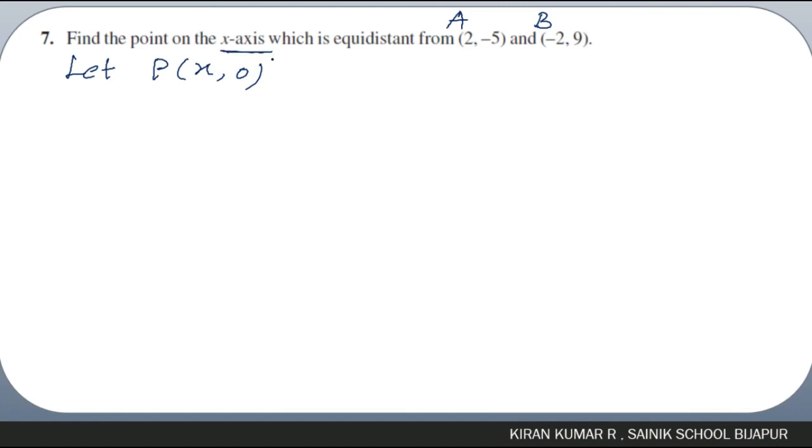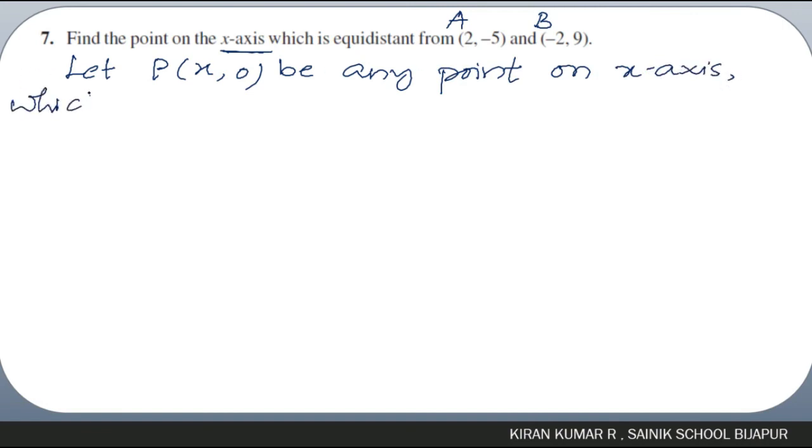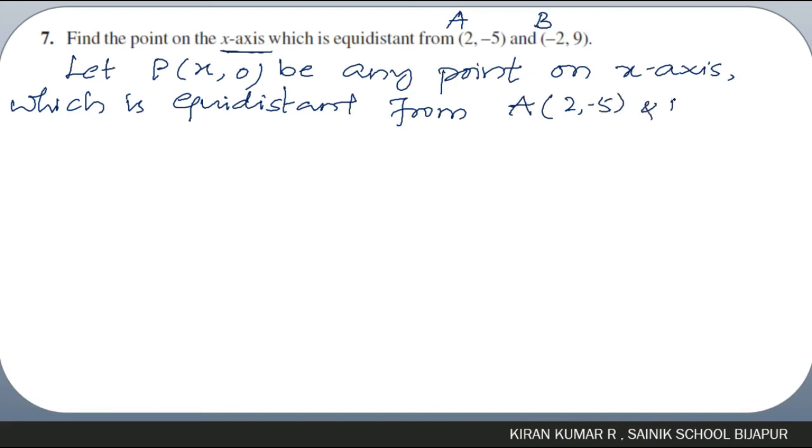Because it is on the x-axis. P is any point on the x-axis which is equidistant from point A (2, −5) and point B (−2, 9).